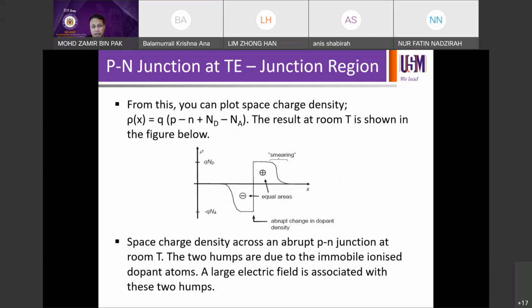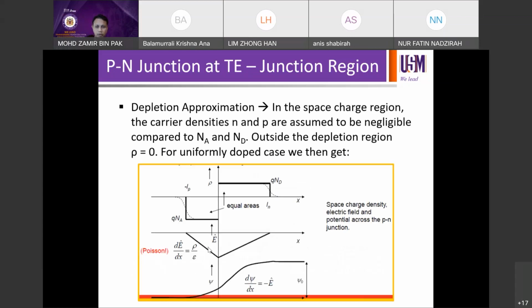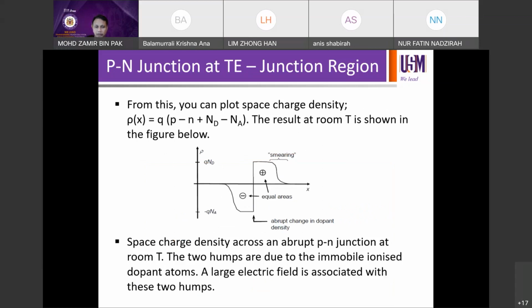The same thing happens to the P-type material: it has lost holes as majority carriers, leaving fixed negative ion charges. These Qd and Qa just represent the magnitude of the charge on either side, positive and negative. They are not mobile ions, they are immobile ions.